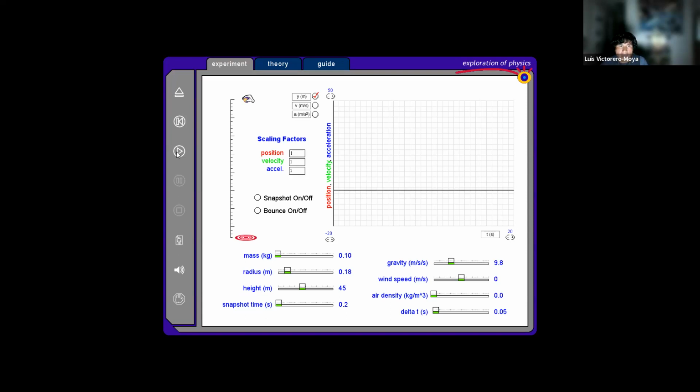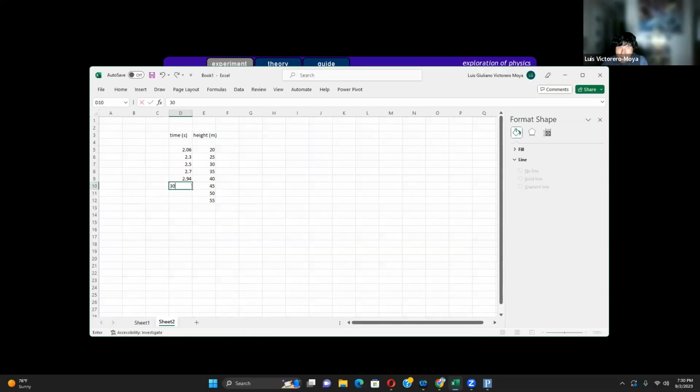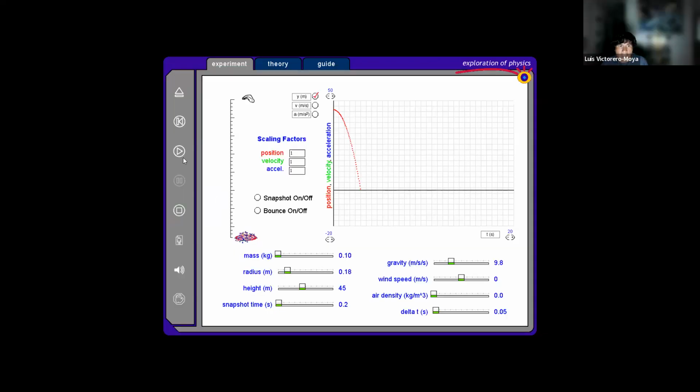It's running 45. You want to increase this, so because now I'm running 45 meters, this should be more than 45. Now you can see the time it takes. There it is. 3.06. And let's do till 50 because I want to see how the graph will look, so you know what to expect.